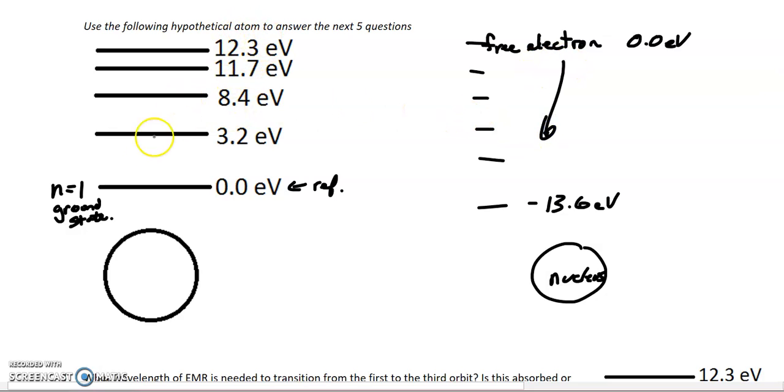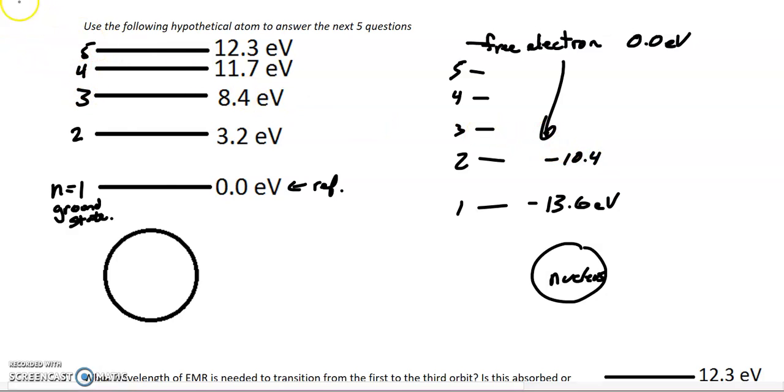For the example, we're going to keep using the ground state as a reference, but the difference in energy is really the point, and whether it moves up or is released depends on whether it gains or loses. As it moves from n=1 up to n=2, 3, 4, 5, and so on, going from 1 to 2, if that's 3.2 electron volts, then this level here would be negative 10.4.